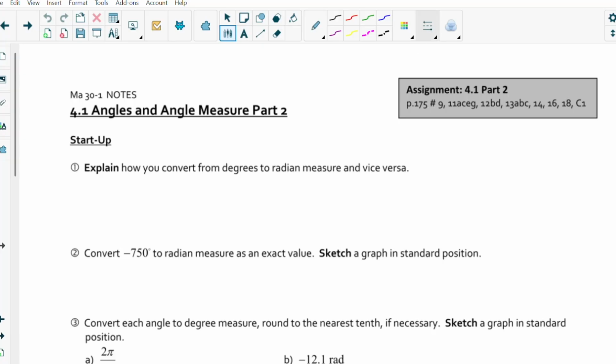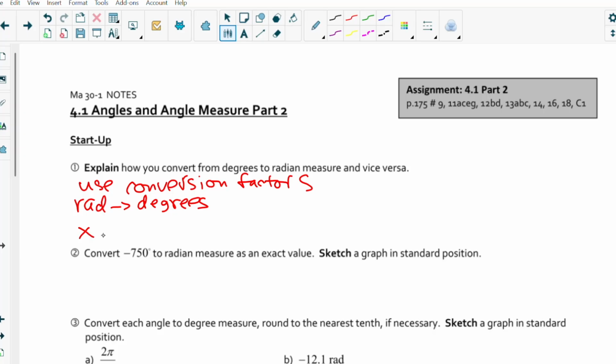Explain how you convert from degrees to radian measure and vice versa. So we use conversion factors. Remember, from radians to degrees, we multiply by 180 degrees divided by pi.